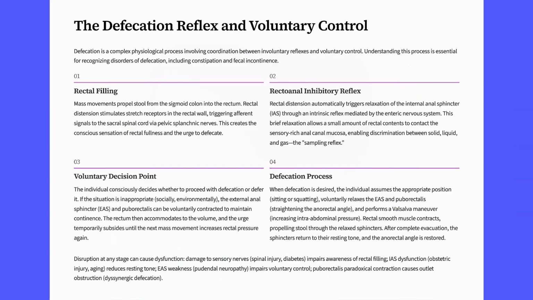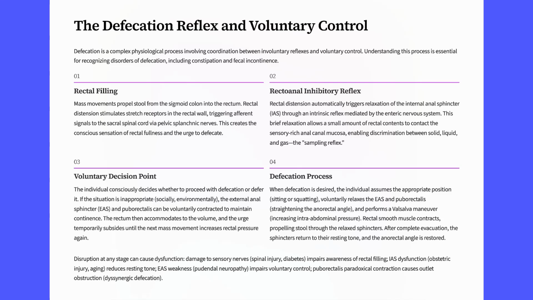The defecation reflex and voluntary control involve a coordinated process. Rectal filling occurs when stool enters the rectum, triggering stretch receptors. The defecation reflex involves the internal anal sphincter relaxing involuntarily, while the external sphincter contracts voluntarily to maintain continence.